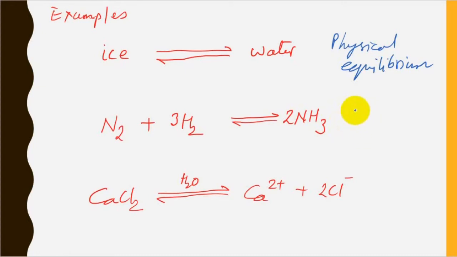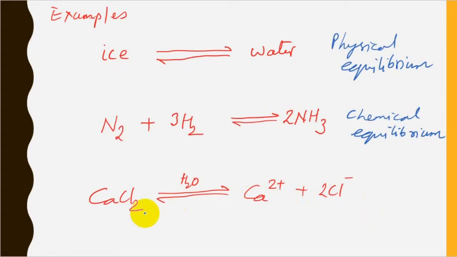So here I'll call it chemical equilibrium. In the second case, it is chemical equilibrium. And when I take the third one, there also a change is taking place. You cannot term it as a reaction. It's just dissociation into ions.